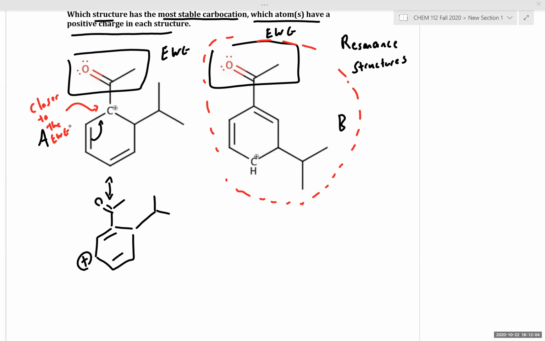You can also share a picture of your proposed resonance structures, and I'd be happy to convey it in front of the class. What about some resonance structures for structure B? Does anyone have any proposed resonance structures for structure B?